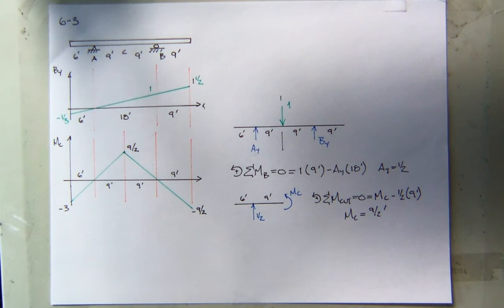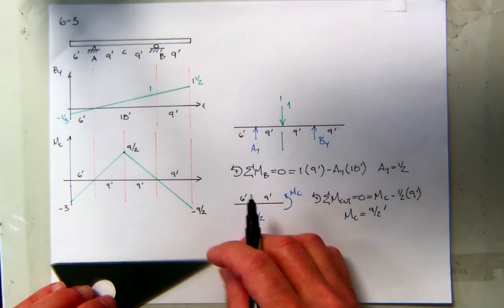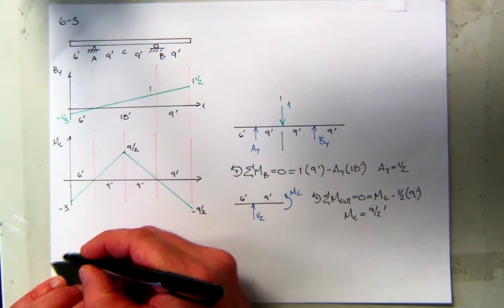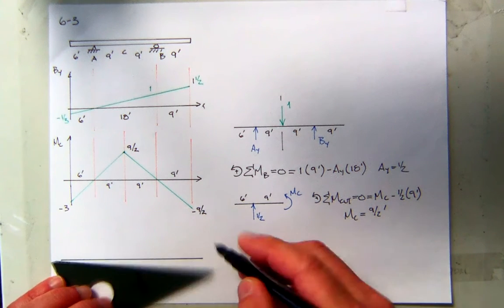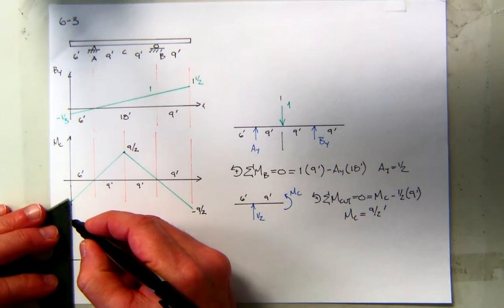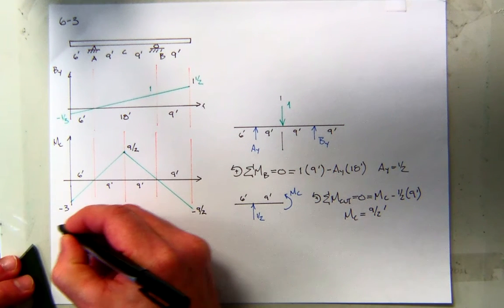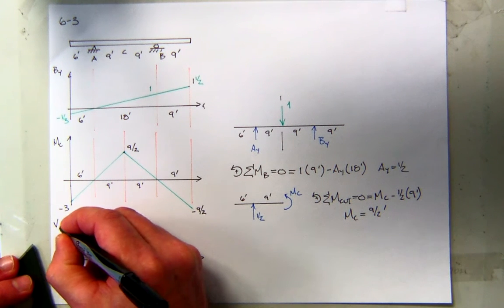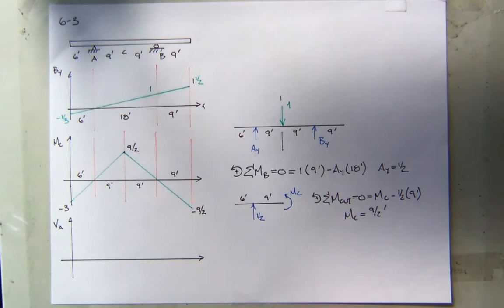The last one is the shear just to the right of support A. This was a little tricky, actually. So let's draw our template. So this is shear at A, but it says just to the right.